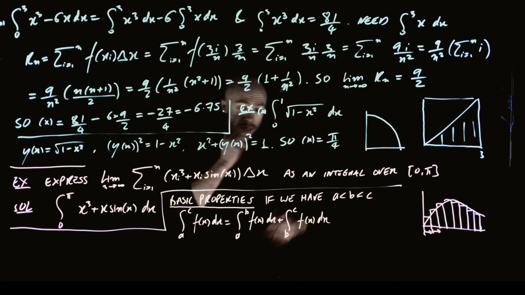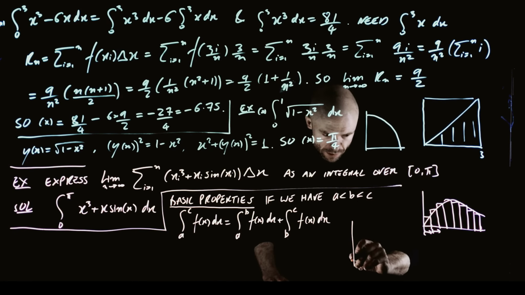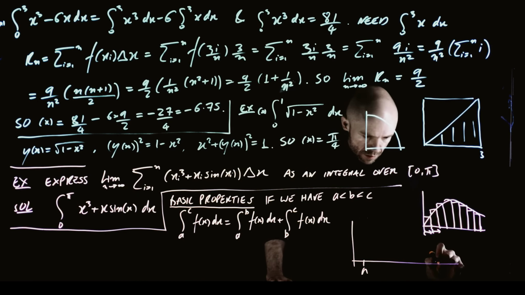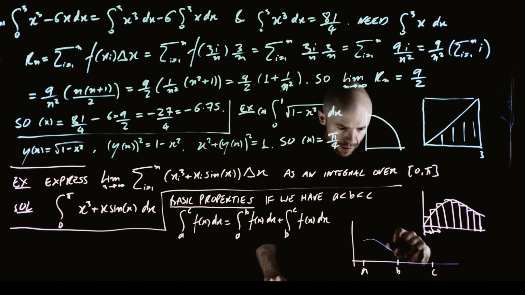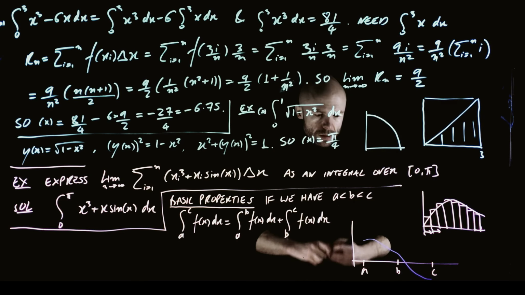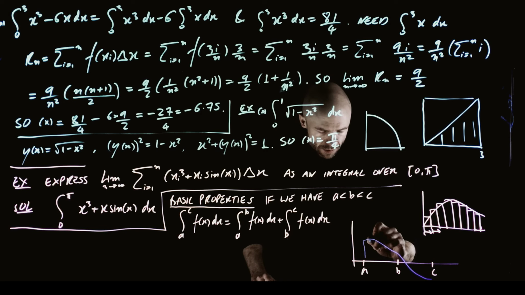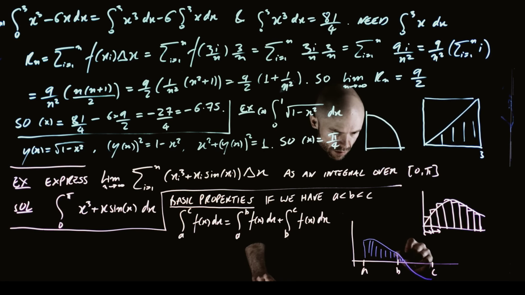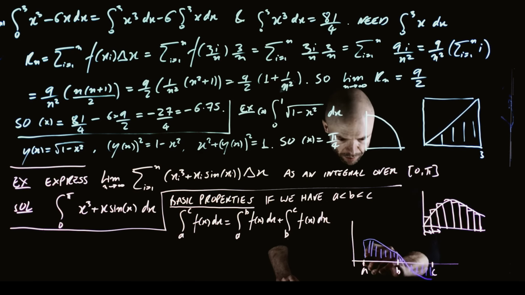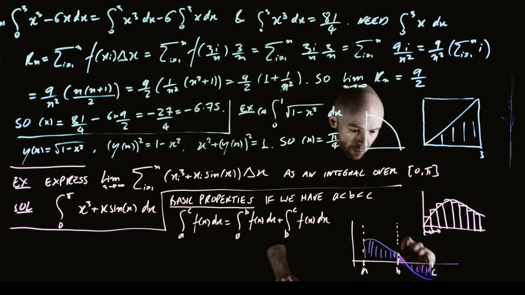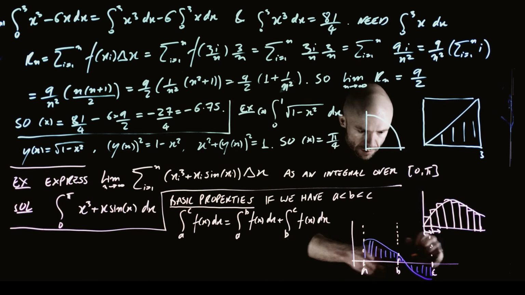Like this. And again, this follows from the picture. So let's draw the picture. So this is A, this is B here, and this is C. So whatever our function's doing, say it's doing something like this, then the signed area underneath the graph is the same as what happens when we just look at the signed area underneath the graph from A to B, so this stuff, plus the signed area underneath the graph from B to C, this stuff between these lines like this.